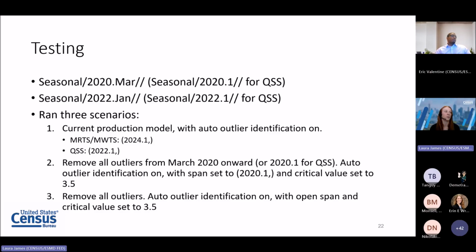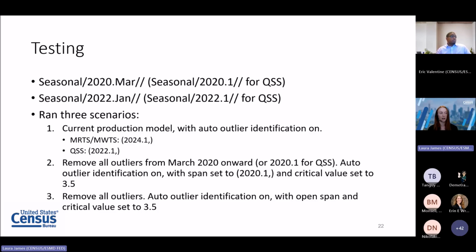I had a March 2020 or 2020 Q1 regressor for the monthlies and QSS, and then January of 2022 or 2022 Q1 for QSS. I tested both of these regressors under 3 different scenarios. For scenario 1, I used our current production model. Under this one, I did allow for automatic outlier identification.